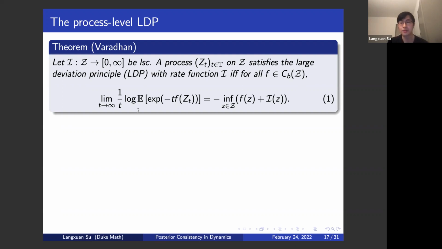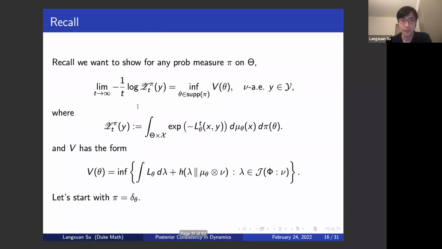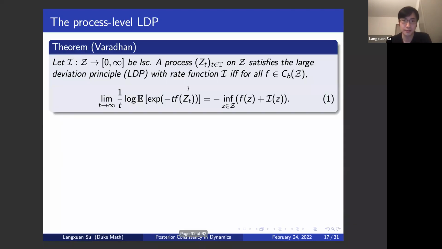Just by observing this equation, you see the left-hand side is the limit of 1 over t log of some expectation of some exponential. And if we go back to the characterization we want to prove, it has basically the same form. The left-hand side has the limit as t goes to infinity of 1 over t times the log of the partition function, and the partition function is given by some integration of some exponential. So basically the left-hand side here is exactly the same form.